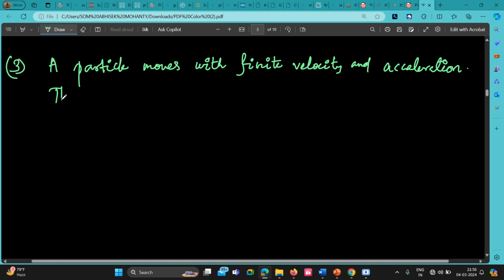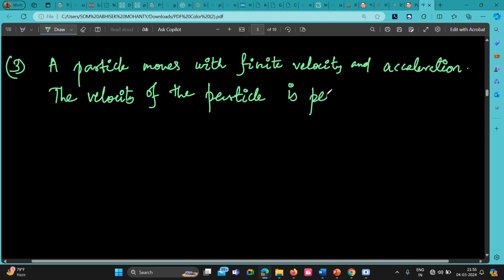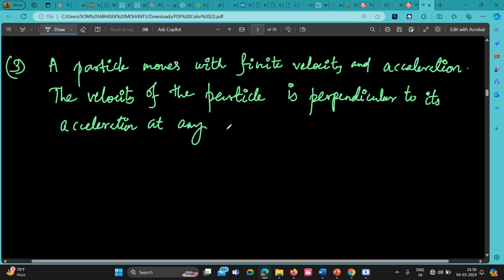The velocity of the particle is perpendicular to its acceleration at any instant of time.